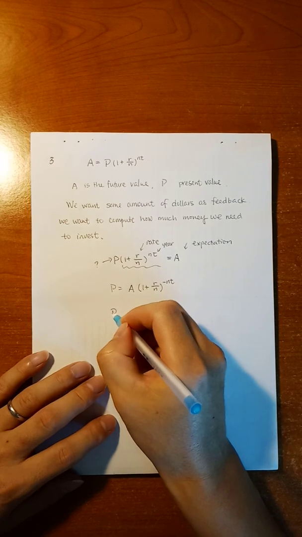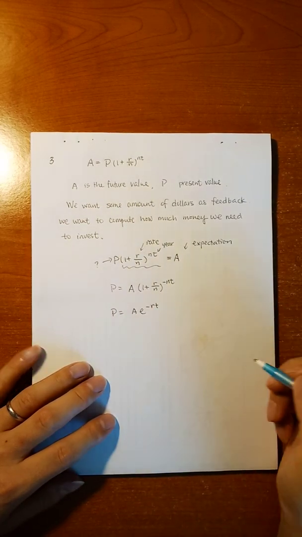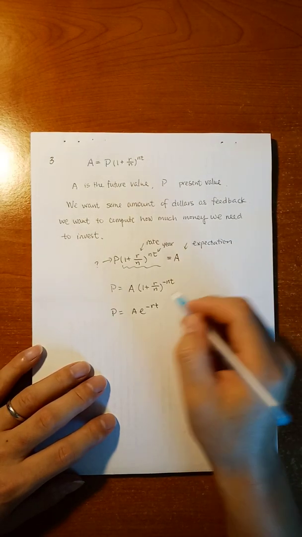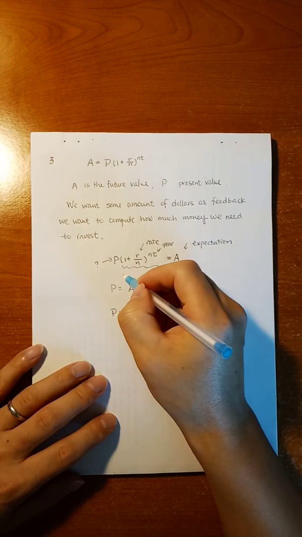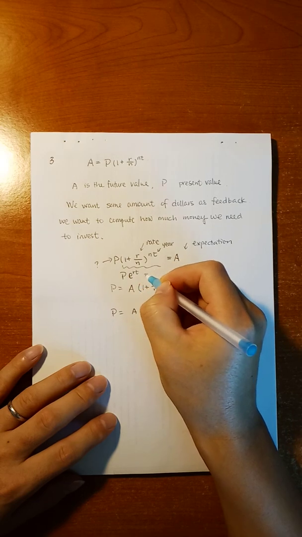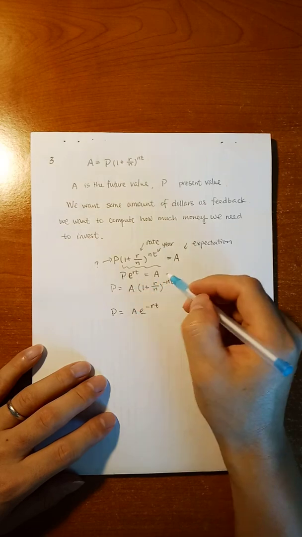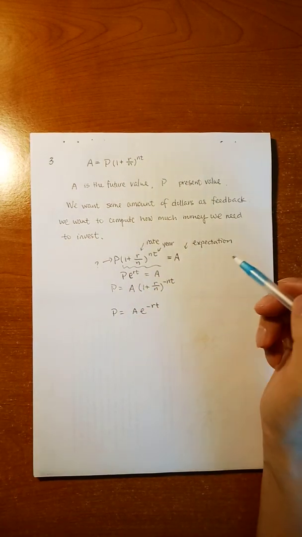If you have continuous compounding, then it is A times e to negative RT, because if you have continuous compounding, it looks like this between the present value and the future value.